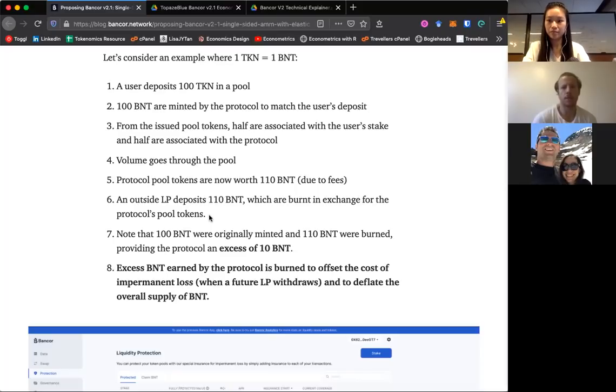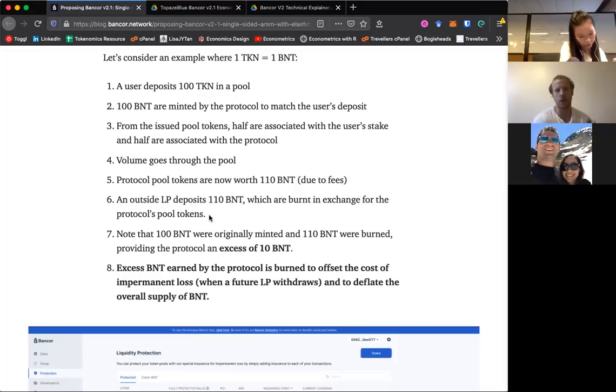So I think it's really key to think of when the protocol provides the opposite side in BNT. It's sort of like a co-investment, in that the protocol can actually earn money through fees on the BNT that it has provided.